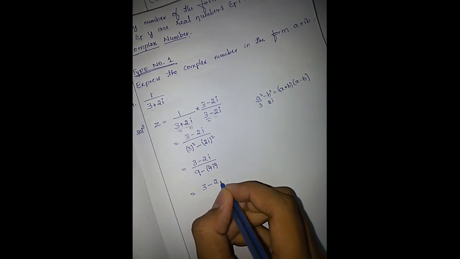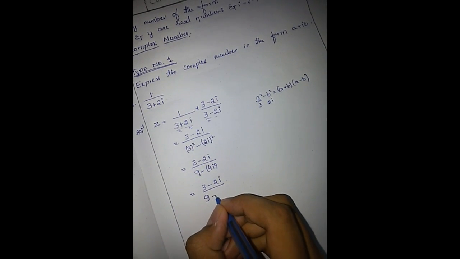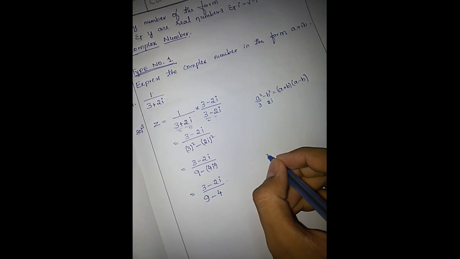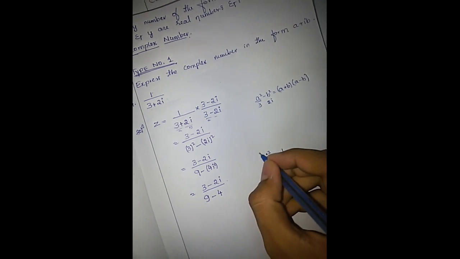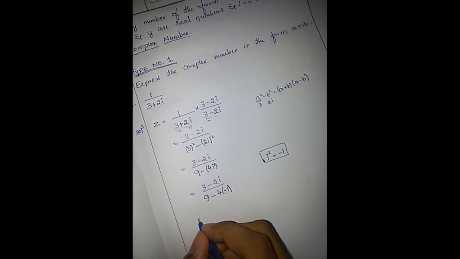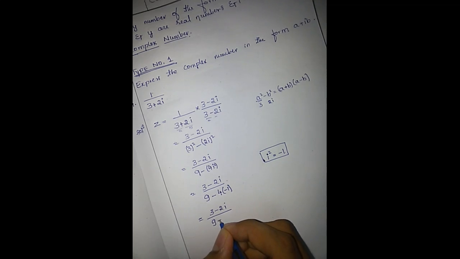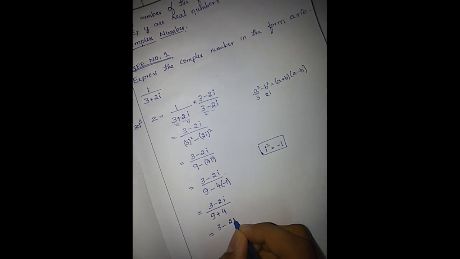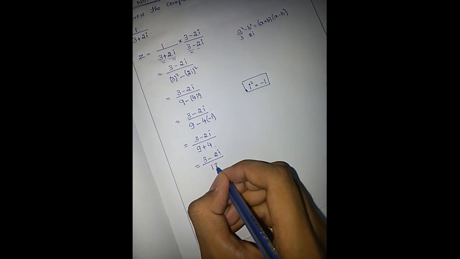Here the value of i square is important: it is always equal to -1. So 3 minus 2i divided by 9 plus 4, which is 13.